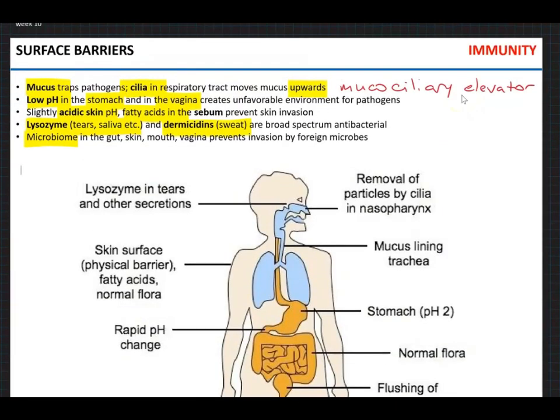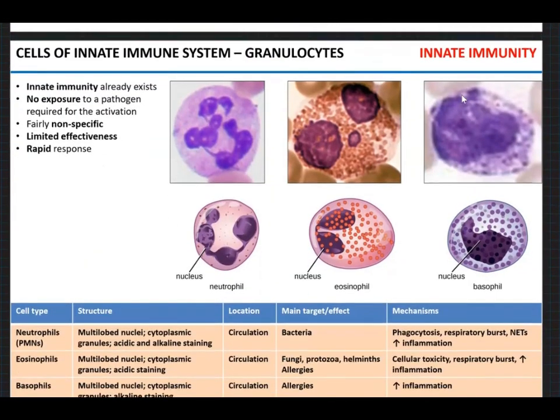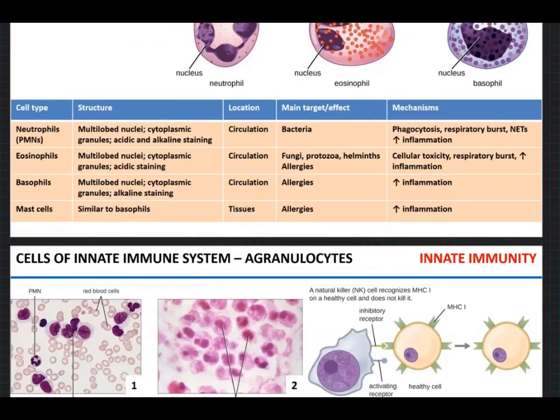Now we're done with the surface barriers. Let's jump to the innate immunity and discuss cells that comprise the innate barriers. All white blood cells can be divided into two groups: granulocytes and agranulocytes.